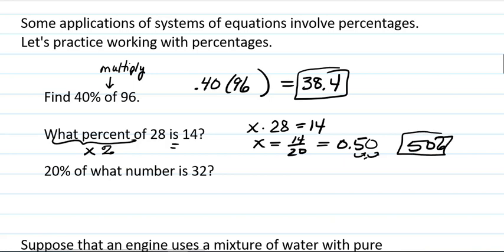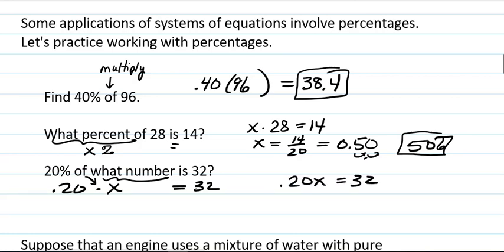All right, and then another question involving percentages: 20% of what number is equal to 32? So 0.20 times, since "of" is times, what number, so the missing number is x, is equal to 32. So we have a little equation to solve again. 0.20x equals 32. We can solve by dividing both sides by 0.20.